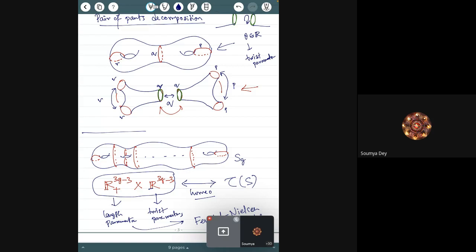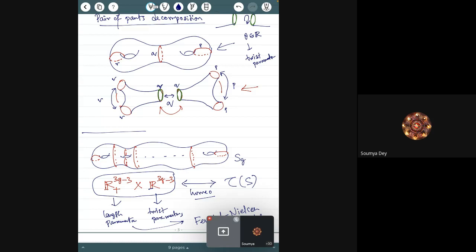The tuple has 6g minus 6 components. The first half, 3g minus 3, is coming from these length parameters, and the next half, 3g minus 3 components of the tuple, are coming from the twist parameters.